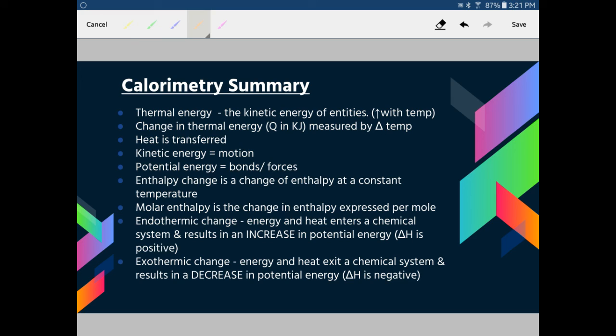Heat is always transferred from our calorimeter to our reaction, or vice versa. Kinetic energy is energy of motion. Potential energy is bonds and forces. Our enthalpy change is a change of enthalpy at a constant temperature. And our molar enthalpy is the change of enthalpy expressed per mole. And this shouldn't be enthalpy change. This should be at a constant pressure.